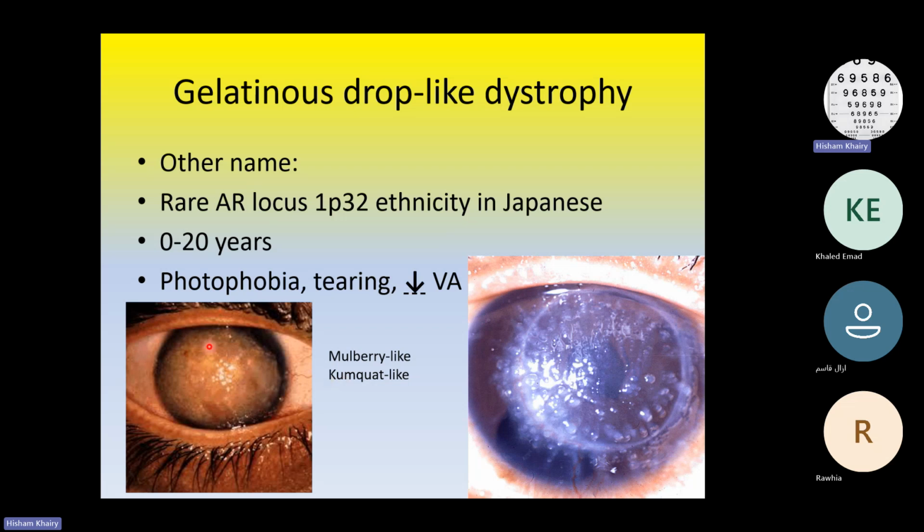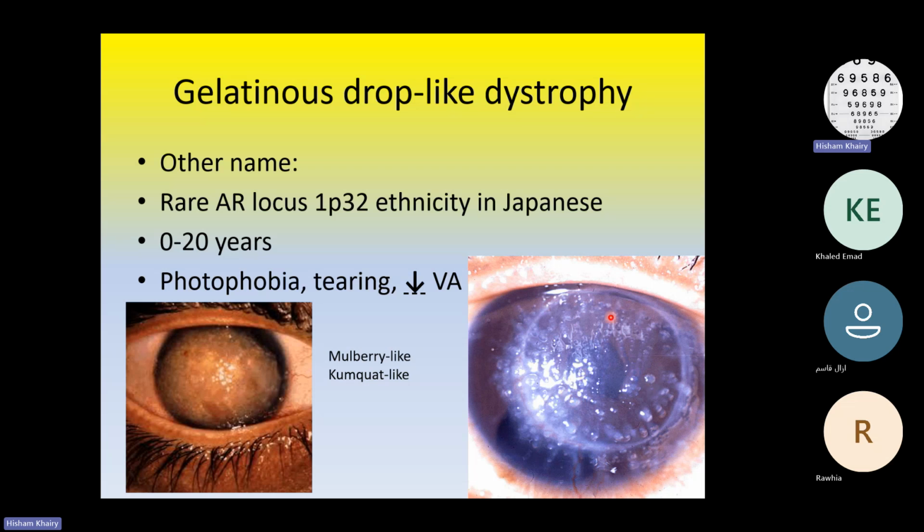This is the advanced stage, like a kumquat, which is a fruit like a small orange. It recurs in corneal grafts.